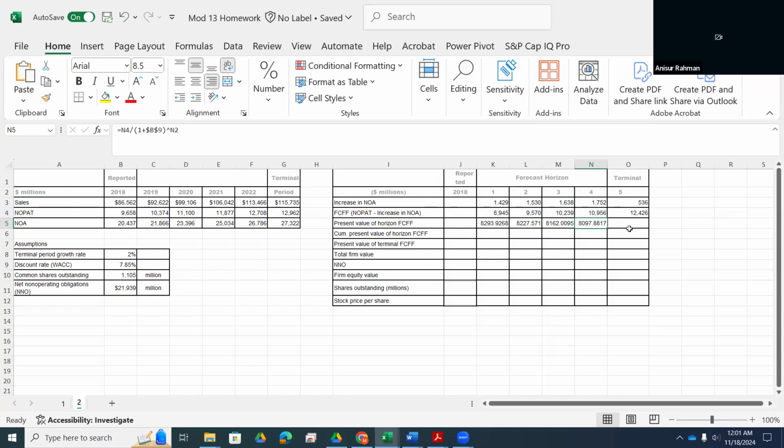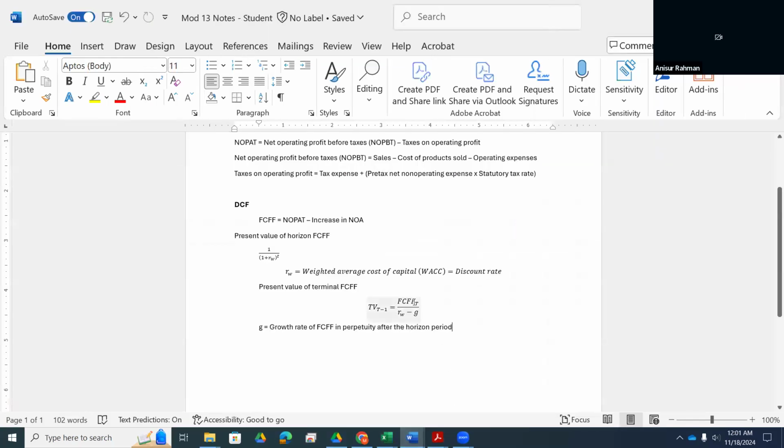So we need year 5. We'll use year 5 free cash flow to the firm in that equation. So you see it is T. So T is year 5. And if we use year 5, we'll get the terminal value at year 4. T minus 1, 5 minus 1 is equal to 4.